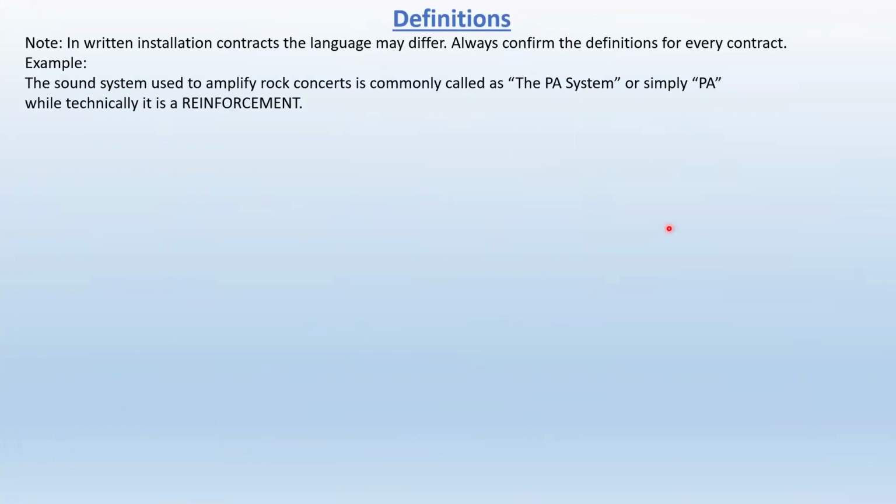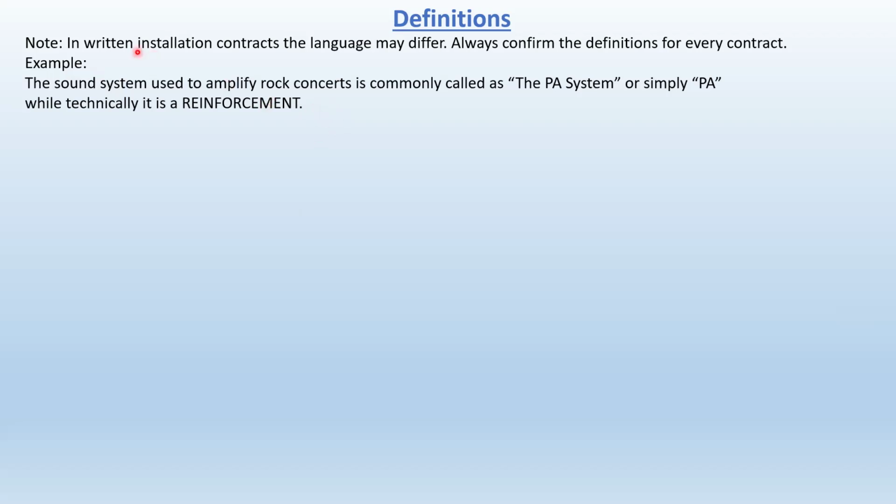Definitions. When working in the field, you're going to have to deal with a bunch of definitions, and depending on the company you work for, or if you're collaborating with other companies on certain projects, you're going to have to establish some common definitions, because what something means to one company, the same word can mean something else in a different environment.